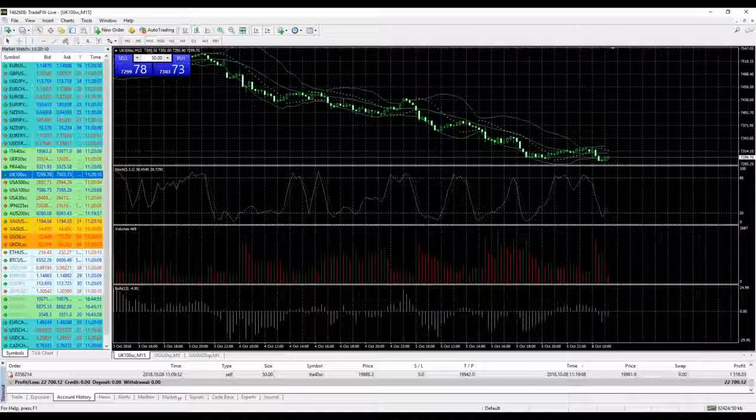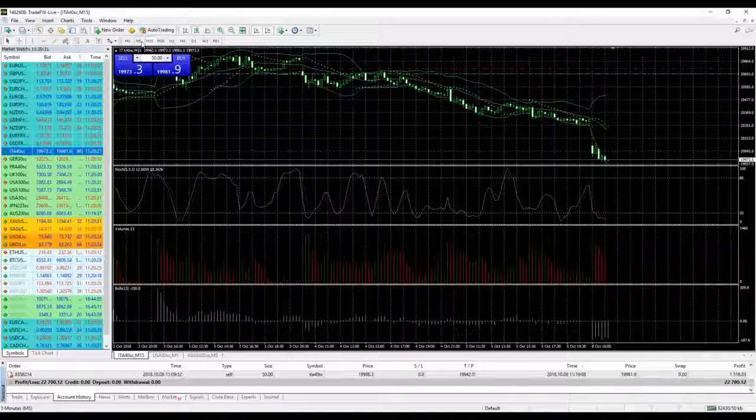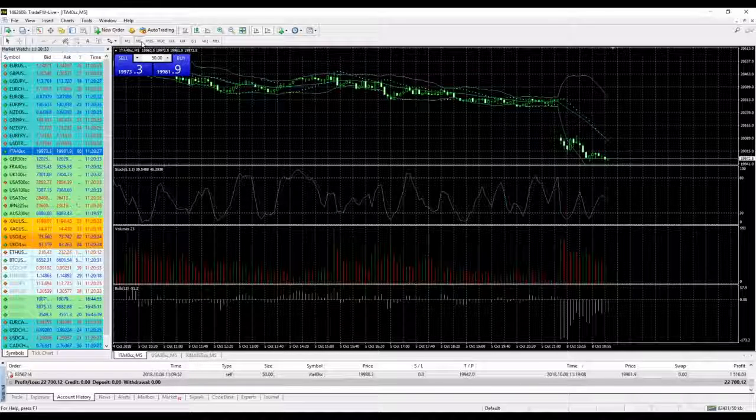So, let me see. Next one, UK 100. I was thinking about UK 100. Okay, also Italy 40. We always have to keep an eye on Italy 40. It has now started to pull back again. We have a small pullback, and if it goes a bit higher, I will short again.